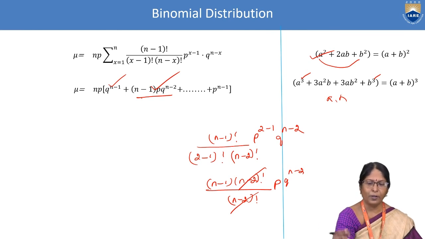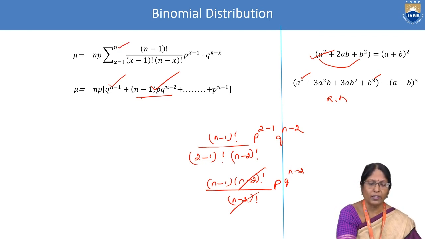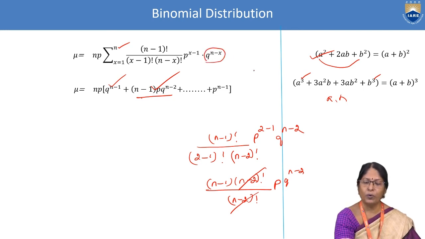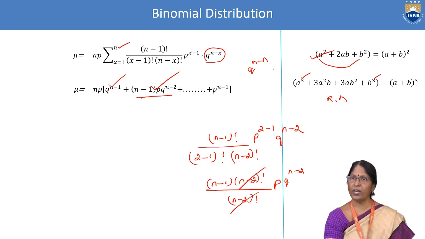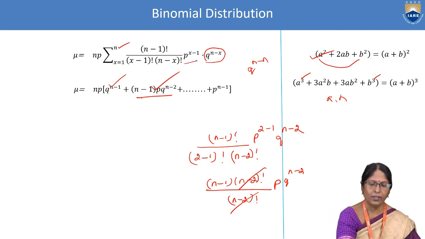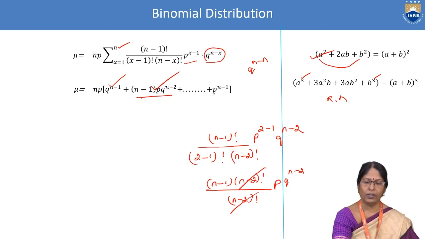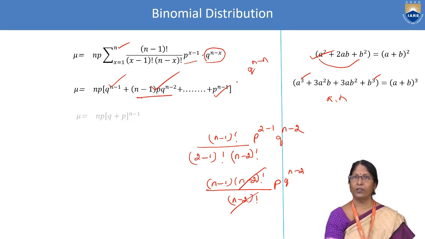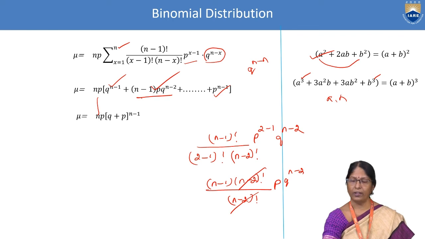Here the last one, the highest power is n. So we substitute here the last one, q power n minus n, so q power 0 becomes 1. And this is p power n minus 1, the last term written. So how do we write a plus b the whole square?